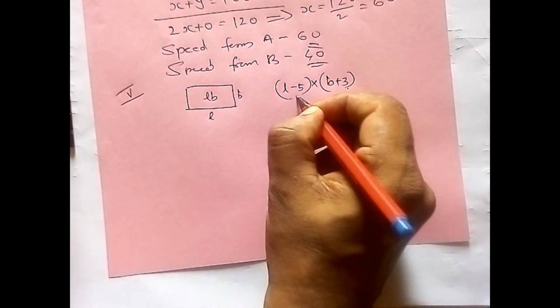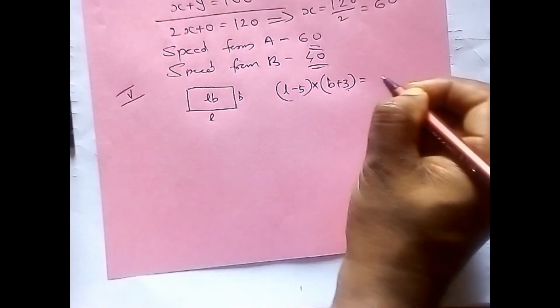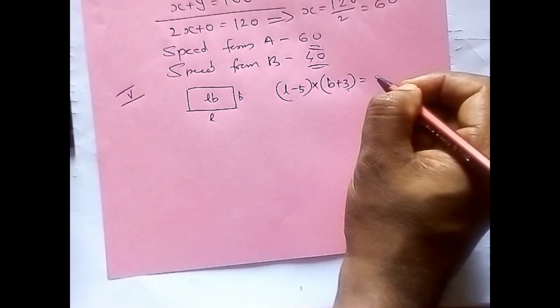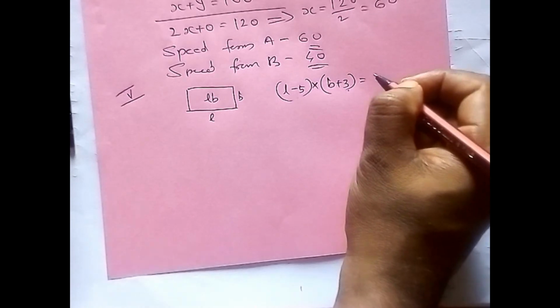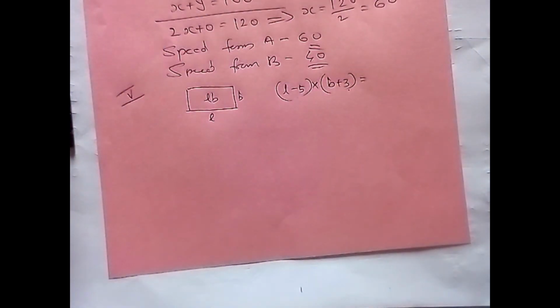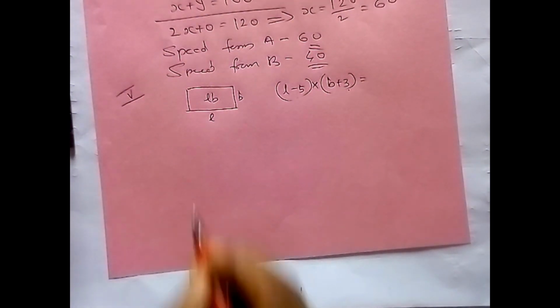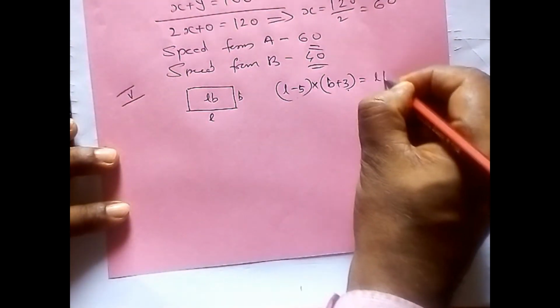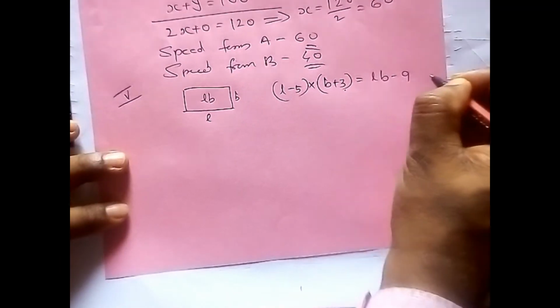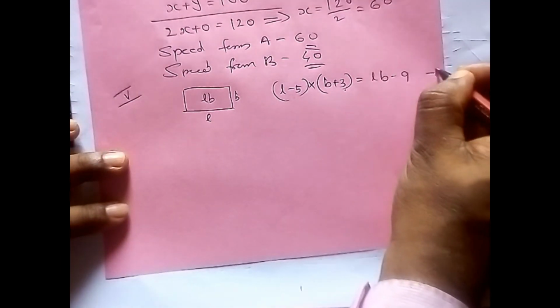So the new length into new breadth, the area is reduced by 9 square units. So what was the original area? Original area was LB. So this is equal to LB minus 9. So this is equation number 1.